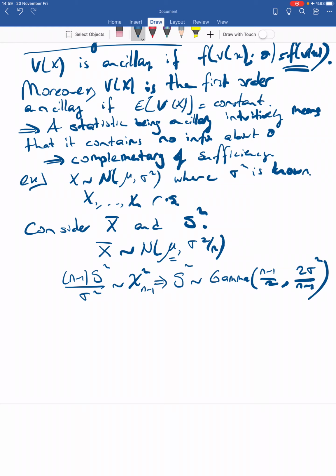As you can see, we don't have any mu term here. So s square will be an ancillary statistic for mu. We cannot use s square to estimate mu, just the reverse of the sufficient statistic.